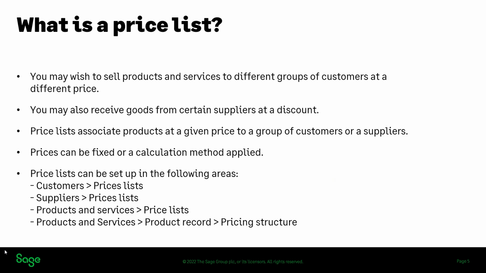Price lists have been around for quite some time as well in the software. I was looking earlier at some old notes I had, and customer price lists and special customer prices were first introduced in version 7. So that's many, many years ago, that one. Obviously, I was actually supporting Sage Accounts at the time. Now, it is available on Sage 50 Accounts Plus, if anyone is using that level.